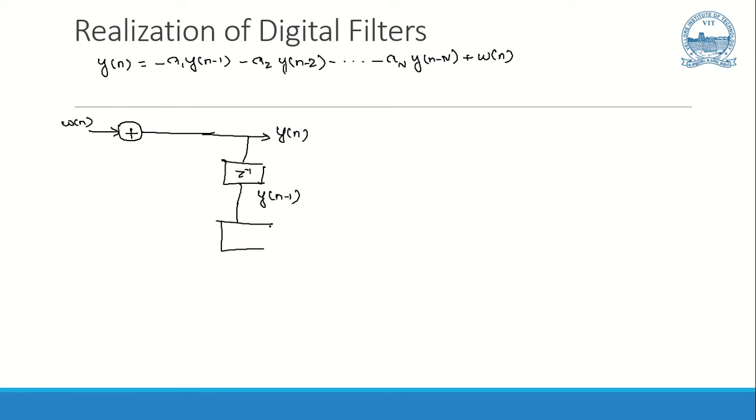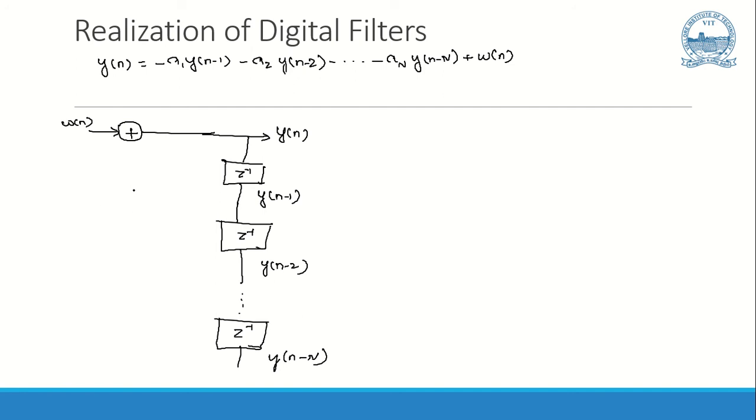If I add one more delay, I'll get y of n minus 2, and so on. If we add the last, the nth delay element, then I'll get y of n minus n.